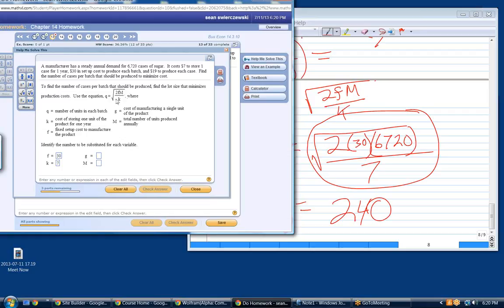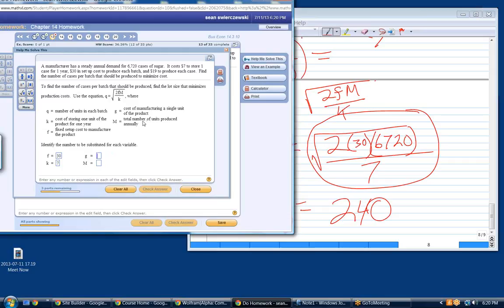Where G wasn't in this thing, was it? G is, no, that's what I was wondering. Oh, okay. So G is 7, right? No. 19 is G. $19 to produce each case. Cost of manufacturing a single unit of the product. So that's got to be 19, isn't it?